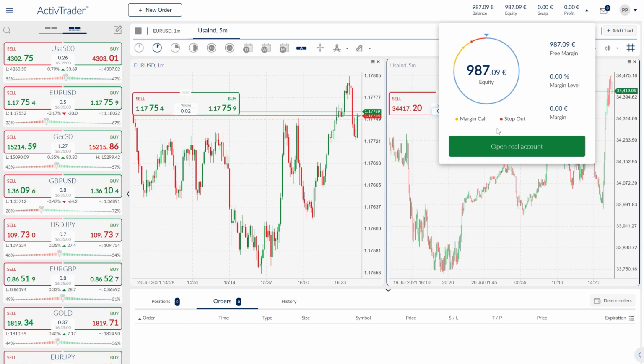So pay attention to this, not to open too many positions, and always check the account's margin. All right? Are we agreed with that? But this circle in here is by far the smartest way to understand what is going to happen if you do not manage your margin properly. All right? Always look at that thing.